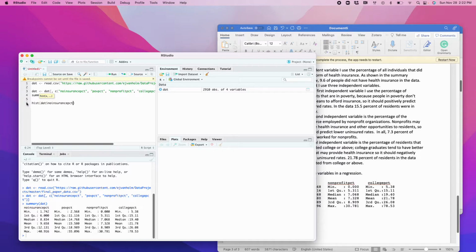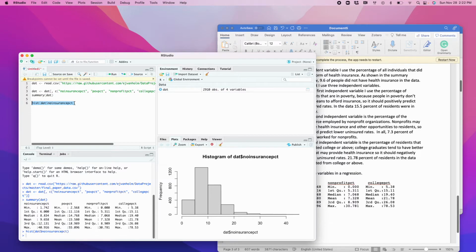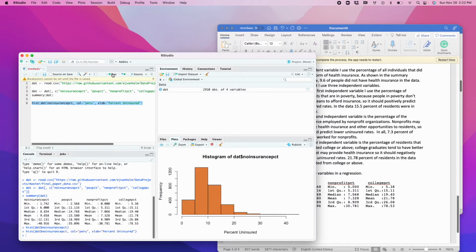So I could add a histogram. And this is not adding any of the bells and whistles of changing the color and so on. This is not sort of a finished version of the graph, right? I would continue to tinker with it, but I can at least have that.